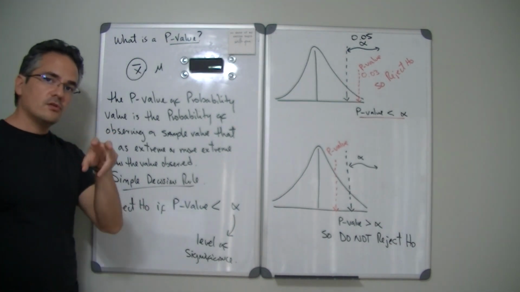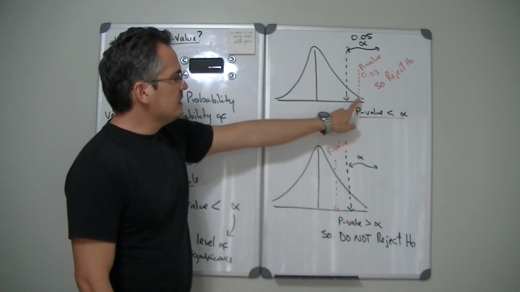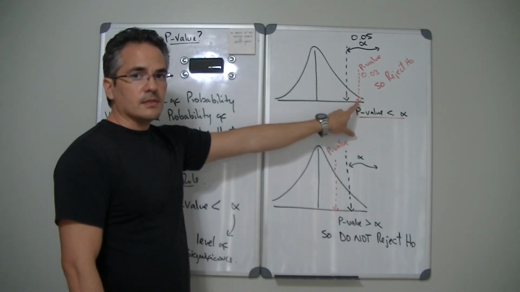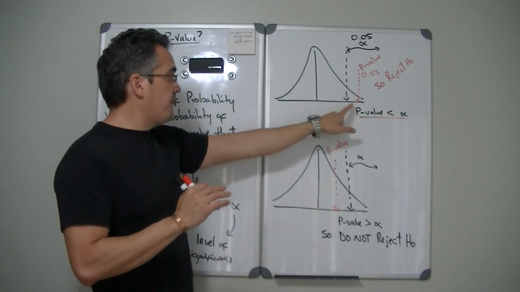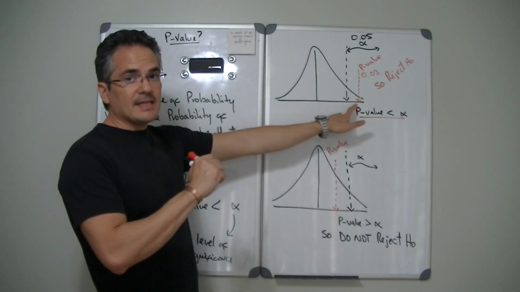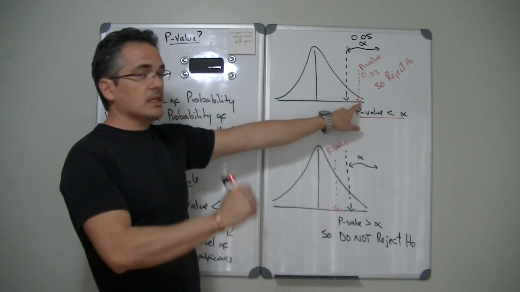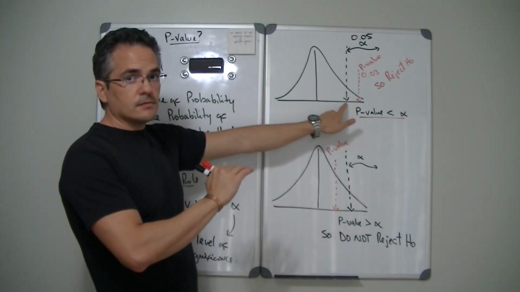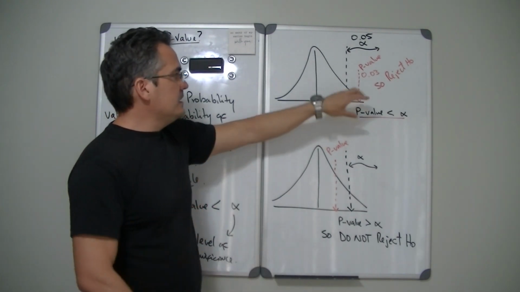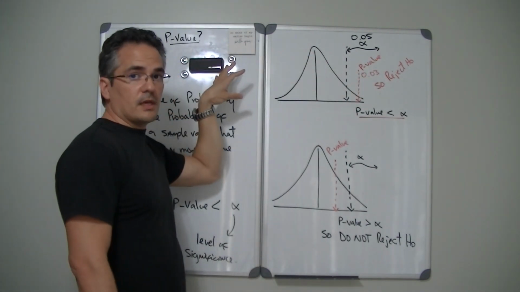Now, the reason you're going to reject H0 is because the sample information that you have is significantly away from the center. It's farther away from the center than your alpha. And notice that again, this could be on the high side or it could be on the low side.